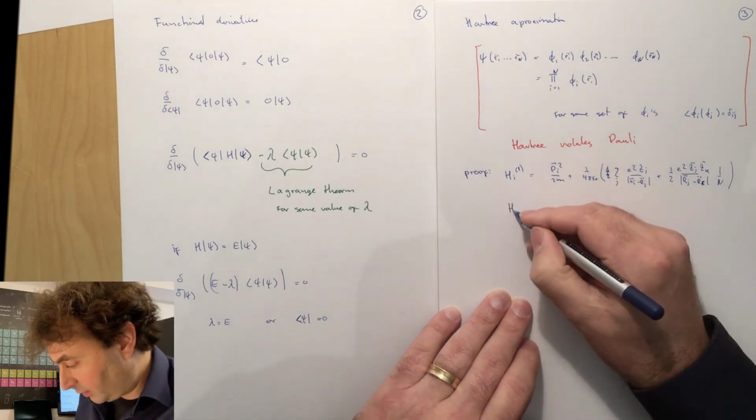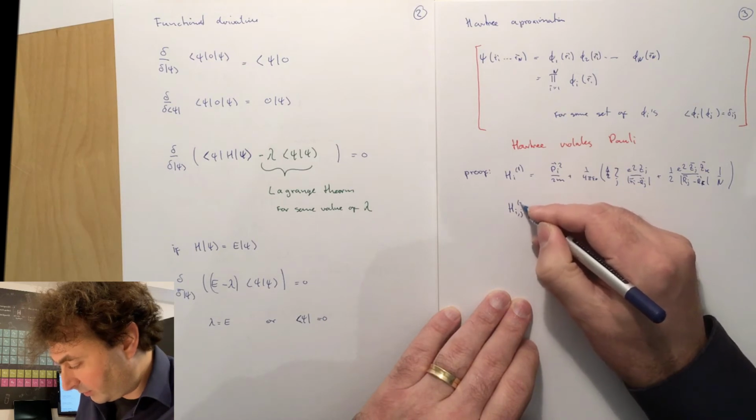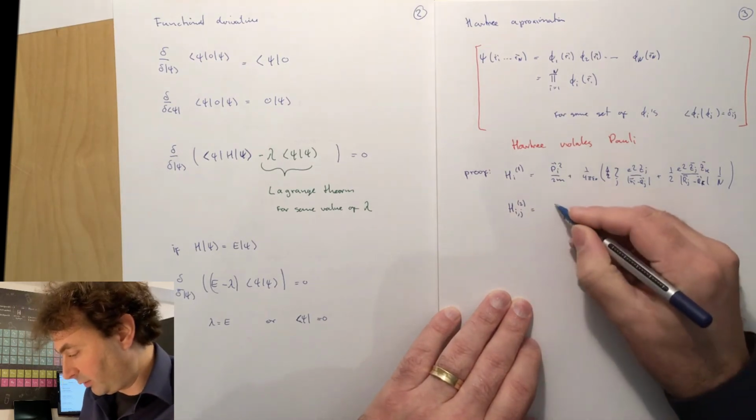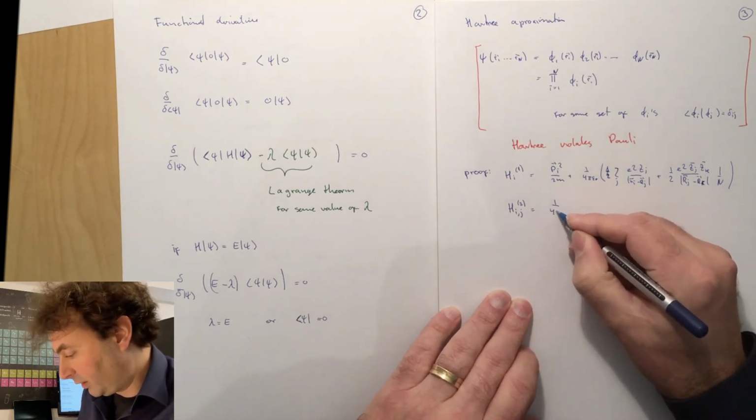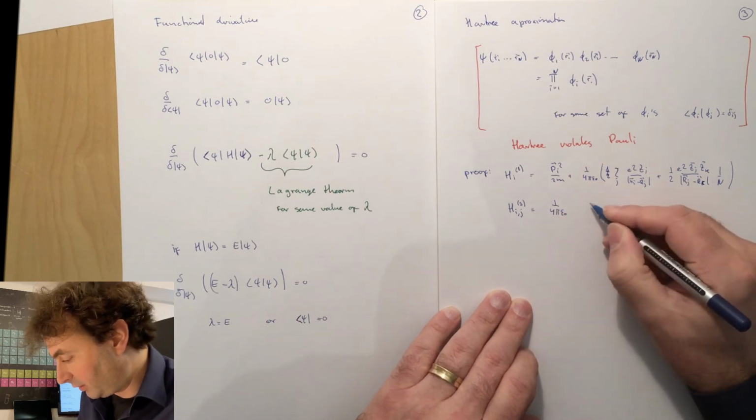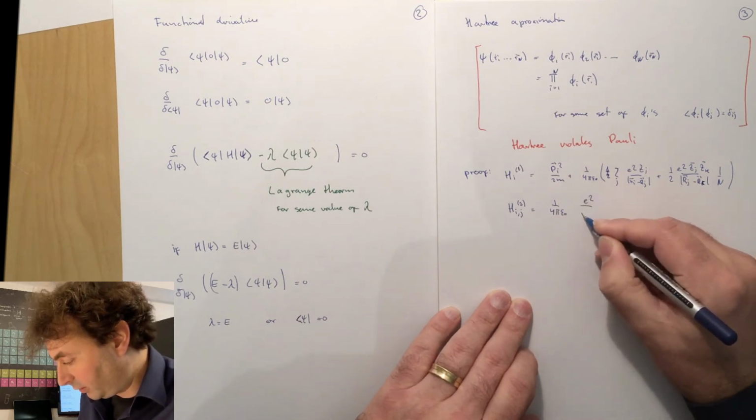And we have our two-particle interaction, which is given by the Coulomb interaction between our electrons, e square over 4 pi epsilon 0 times Ri minus Rj.